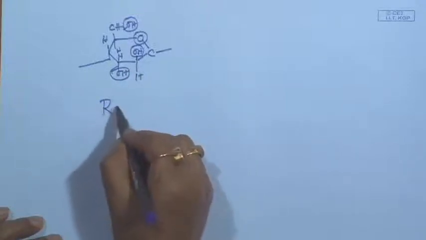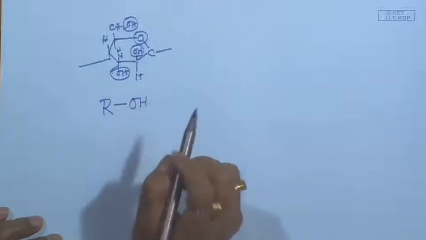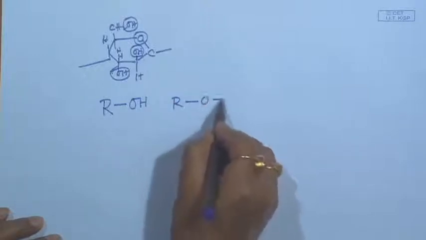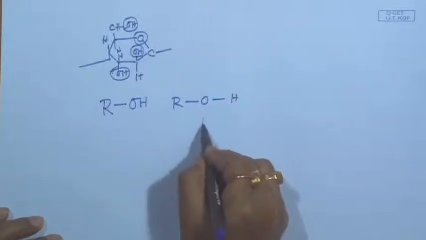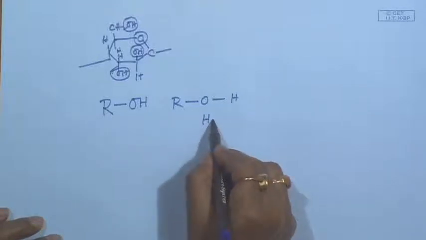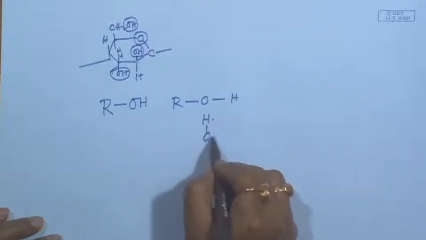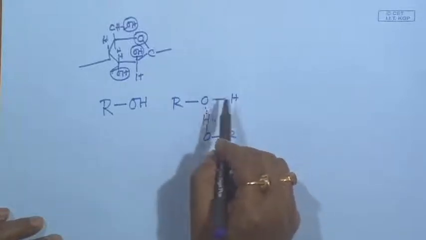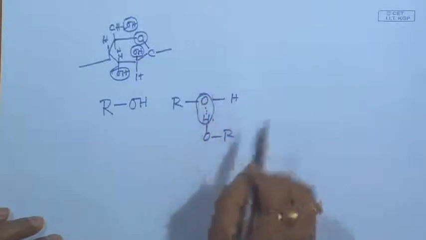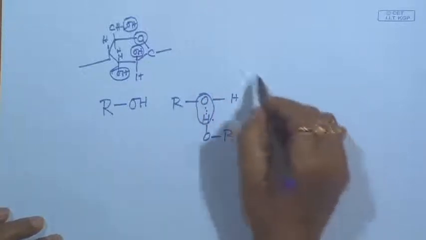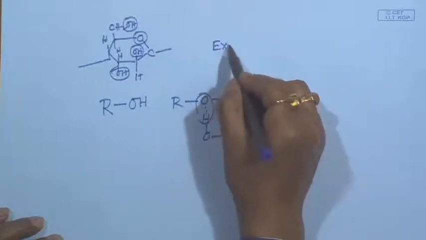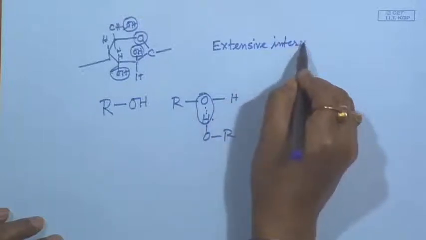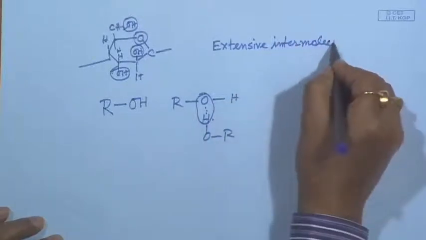If we represent this cellulose as ROH, this ROH you can write the other way, OH, and another ROH can be written this way. So, this oxygen and hydrogen can initiate the hydrogen bond. In the case of cellulose there are extensive intermolecular hydrogen bonds.